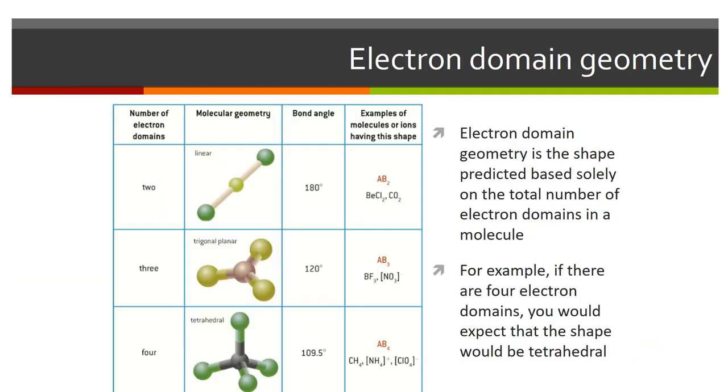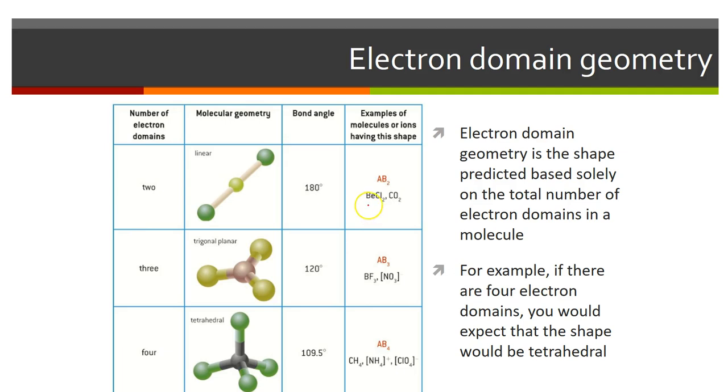So we can talk about electron geometry rather than molecular geometry. If we look at the number of bonds on this one here, where we have a linear arrangement, we refer to the molecular geometry as a linear arrangement with 180 degrees. But we can see that it has 2 electron domains. So it will also have a linear electron domain geometry.